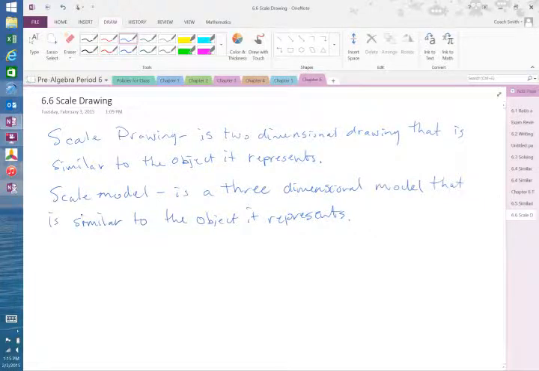So a drawing is obviously that. It's a drawing of a house or a map. Okay, there's many different things that they use scale drawings for.